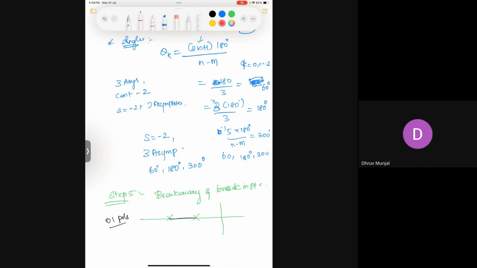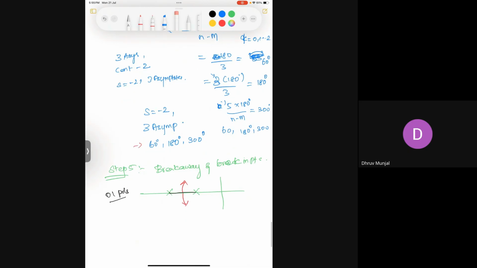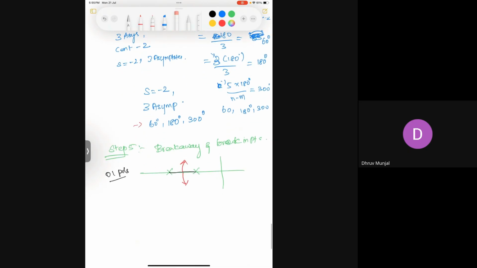This breakaway point will look like this, right? It might go to the zeros at the degrees that we calculated in this step. If it is 60 degree, it will break out like this. If it is 180 degree, it will break out like this. So that angle we have calculated in the previous step. How many breakaways or break-ins we have, that is what we are calculating using step 5.